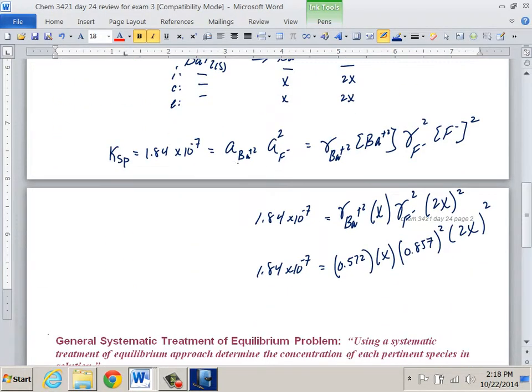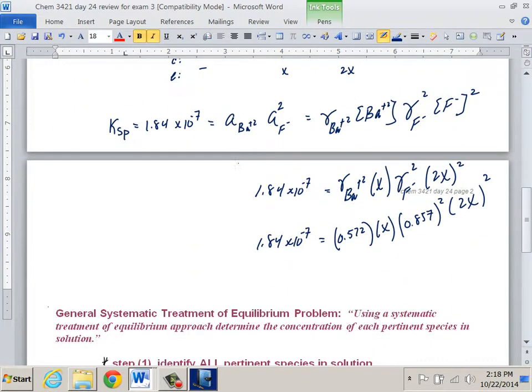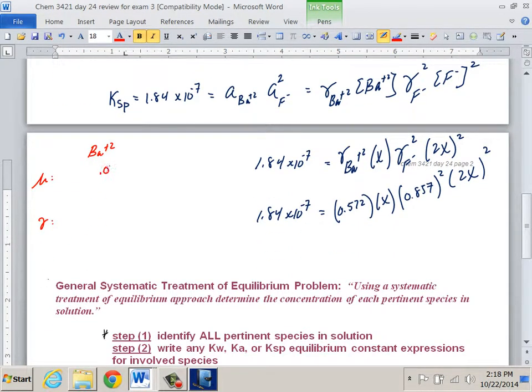So we need to set up a little table for barium. All right, and you're right, 0.029, and solve for the activity coefficient. Do the same thing for fluoride.